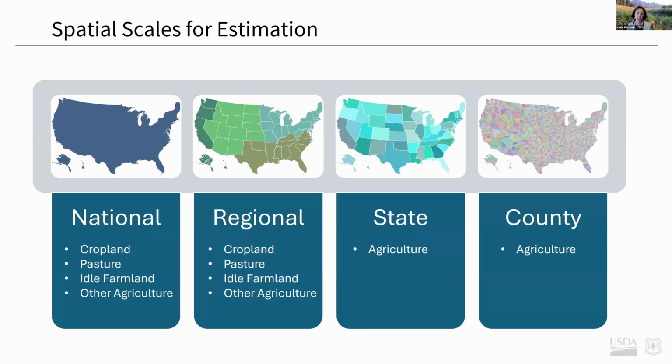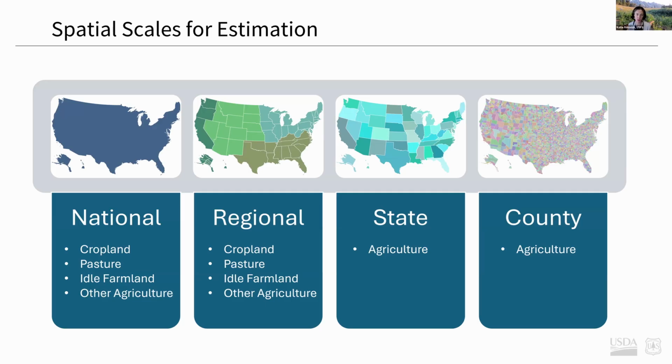We looked at estimates of forest conversion to agriculture across 4 different spatial scales. The national estimates are useful in the context of the EUDR for the country level risk assessment. And at the national scale, it was possible to split agricultural land use into 4 different subcategories: cropland, pasture, idle farmland, and other agriculture. Looking at the regional estimates allowed us to gain additional insight into spatial patterns of where conversion to these various subcategories is concentrated.